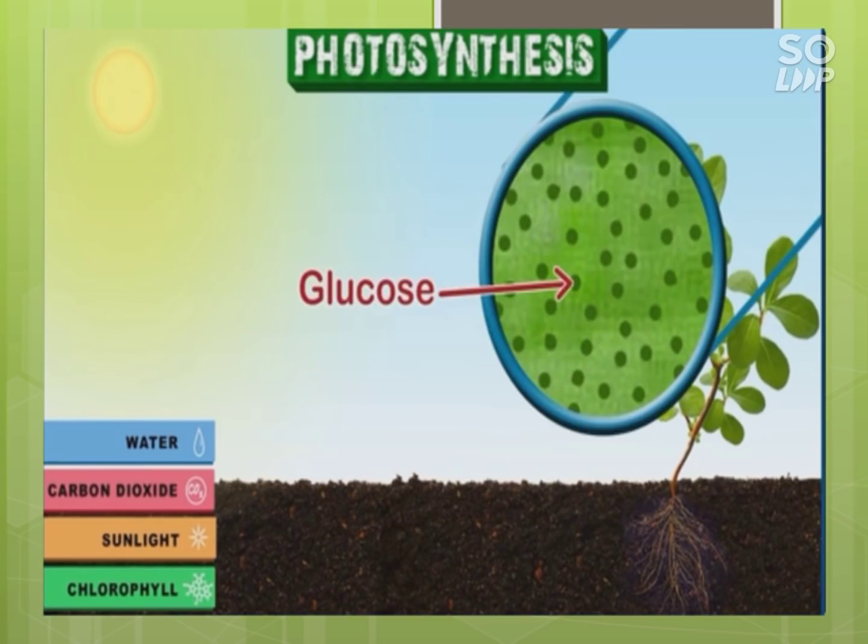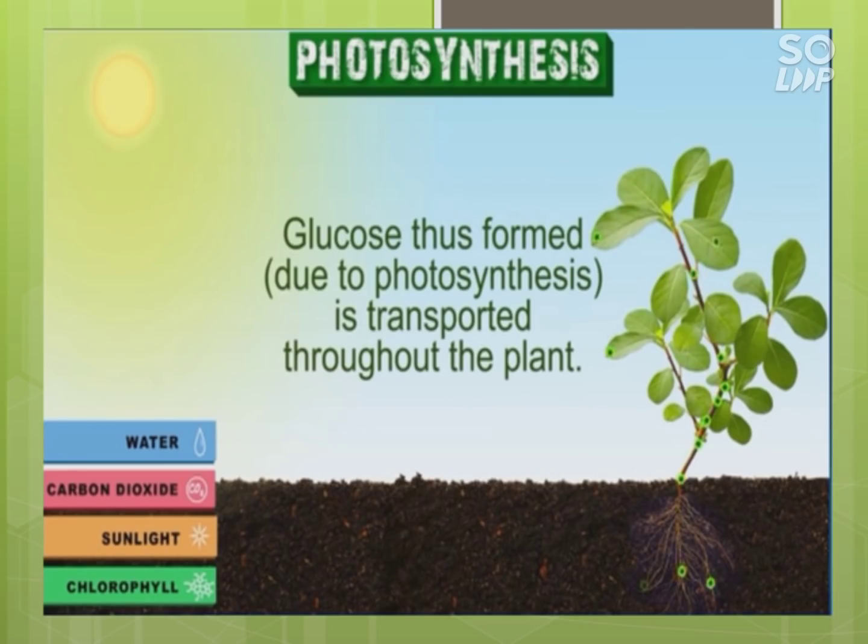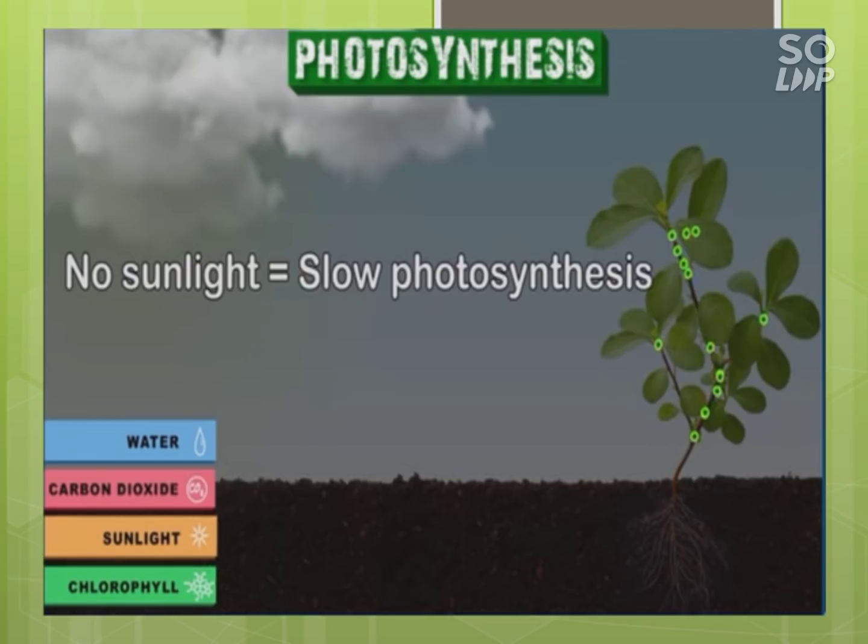It makes food for itself in the form of glucose, which is the simplest form of food. This glucose is then transferred to all the parts of the plant and thus they receive energy. So, coming back to photosynthesis, what if someday there is no sunlight?